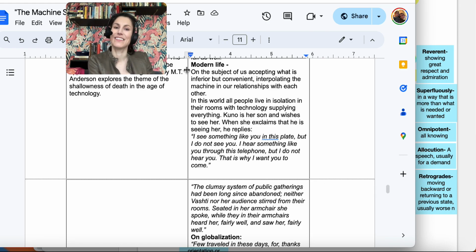This would just be modern life's technologies or modern life's convenience, and how people will accept things even if it's inconvenient or inferior. So we could say sacrifices for convenience.